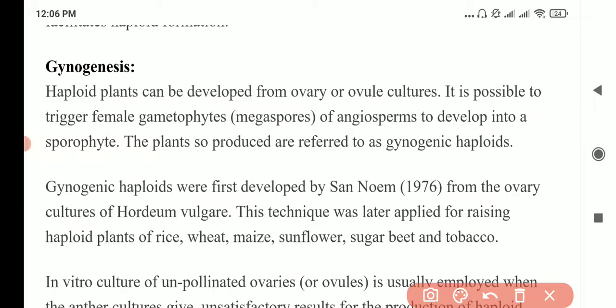So gynogenic haploids were first developed by Sam Noem from the ovary of Hordeum vulgare. What is this Hordeum vulgare? I forgot. It was later applied for rice, wheat, maize, sunflower, sugar beet, and tobacco.